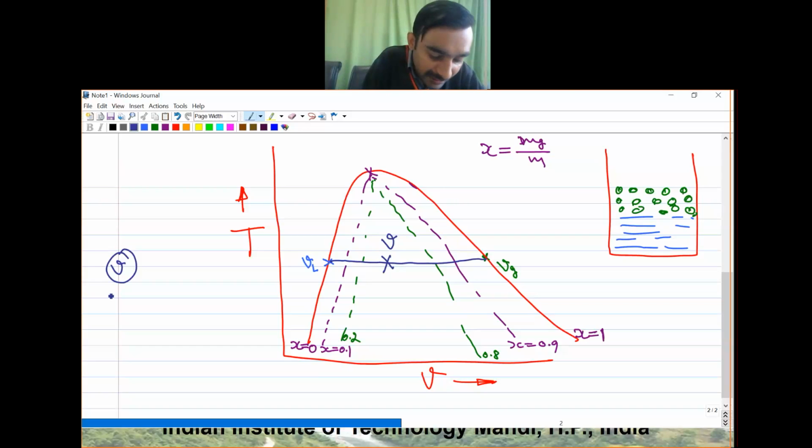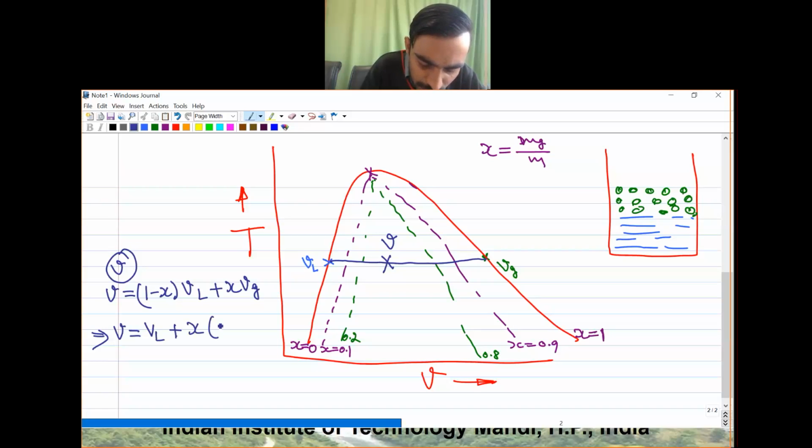Now one important thing we can do: our specific volume is equal to 1 minus x times VL plus x times VG. I can take this x common and write V equal to VL plus x times (Vg minus VL).